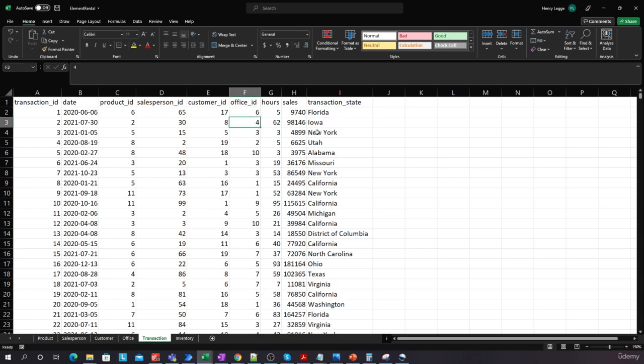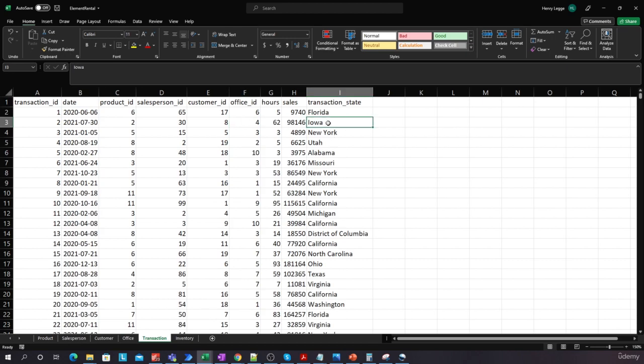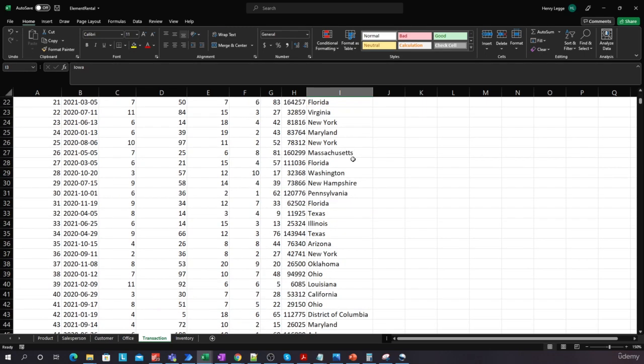So these two are not necessarily going to be the same, even though this is Orlando and this is Florida. That's coincidence. The office ID is where the transaction was written, while the transaction state is where the product was actually delivered. For example, in transaction 2, office ID 4 is Detroit, but the transaction state is Iowa, which means the contract was written in Detroit, but the equipment was delivered to Iowa. Okay, so that's the difference.